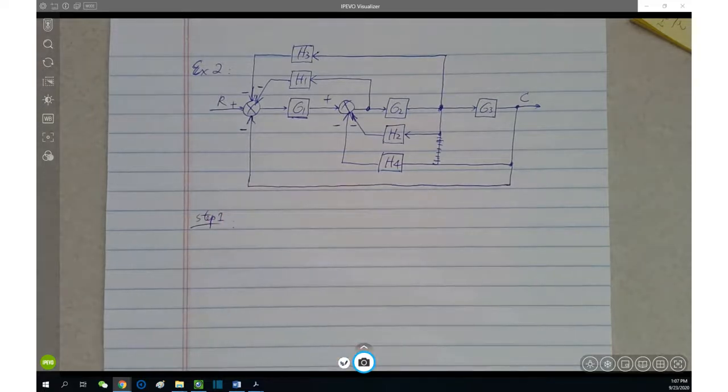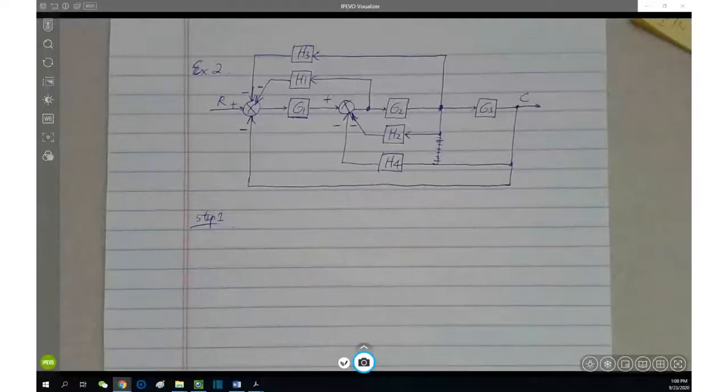We move on by thinking of moving blocks. Once again, we move blocks one at a time to come up with a combination of multiple pickoff points or summing junctions, so that from there we can get easy, basic ones.